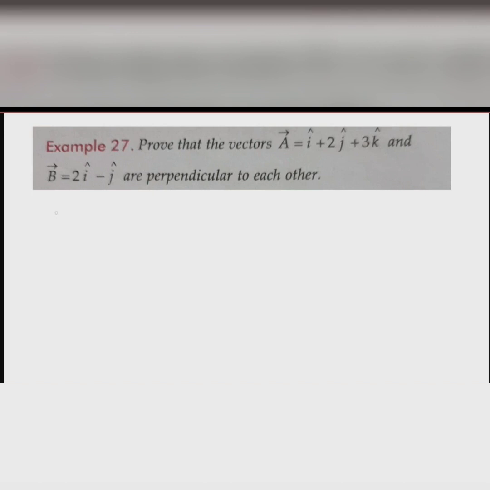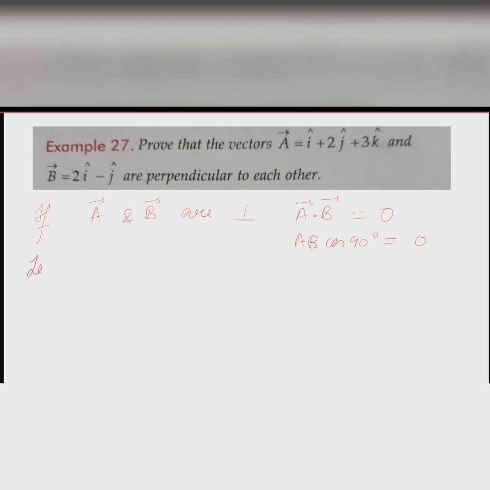I just told you, if vectors A and B are perpendicular, then their dot product will be 0, because AB cos 90 will be 0 in that case.